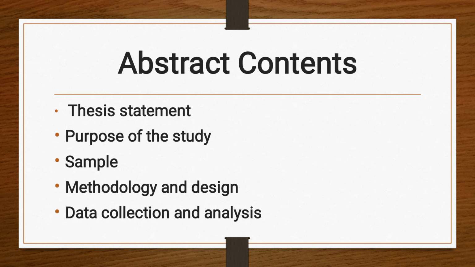Then here are the contents of an abstract. I've tried to put them in order. The first thing is to write a thesis statement. By thesis statement, I mean the broader aspect of the research, of what the research is about. Then after doing that, you now write on the purpose of the study, then the scope that has been used in the study.